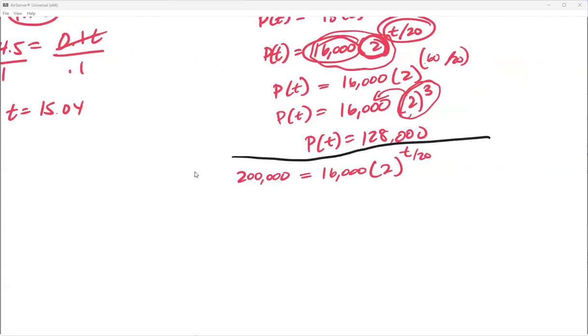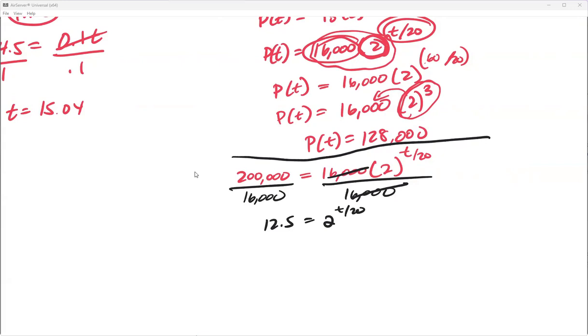You divide by 16,000 first. 200,000 divided by 16,000 is equal to 12.5 equals 2 to the t over 20 power.